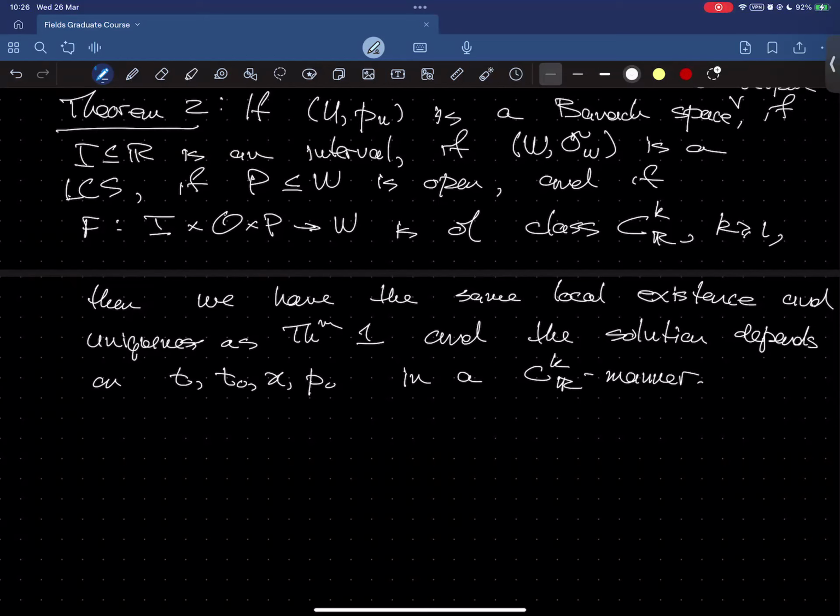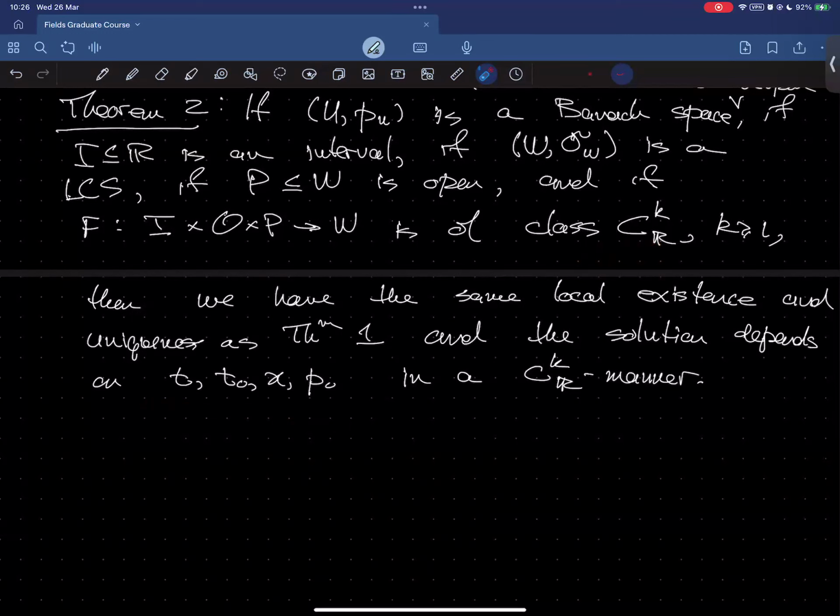Okay, so it depends on this data. Its dependence on this data is C^k. My grammar is suboptimal there, but it has C^k dependence on those parameters. Okay, so if your differential equation is C^k, then the set of solutions is also C^k. All right.